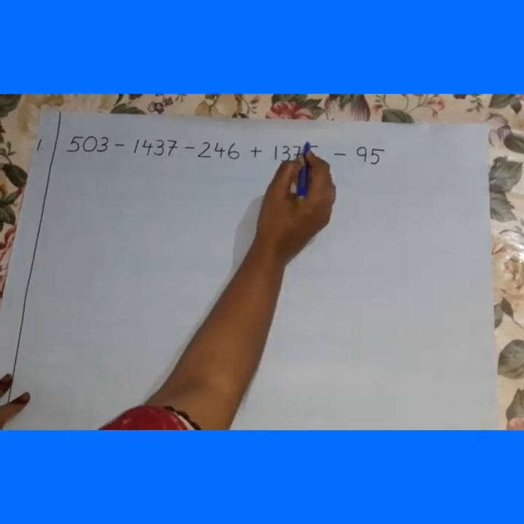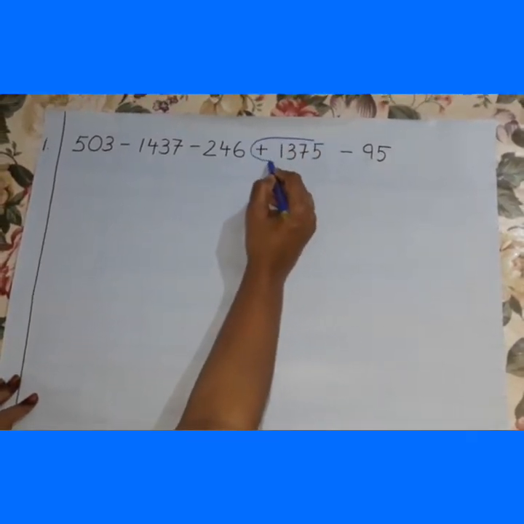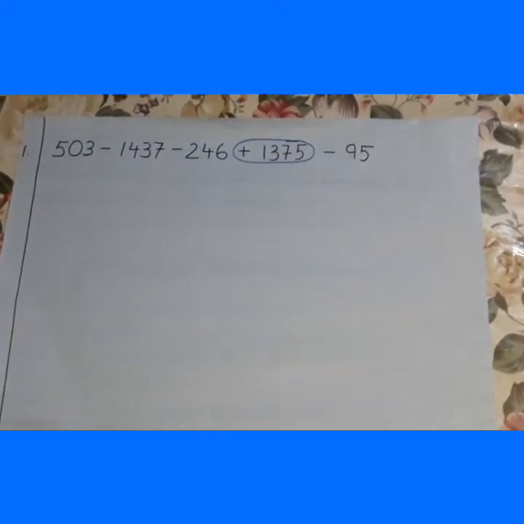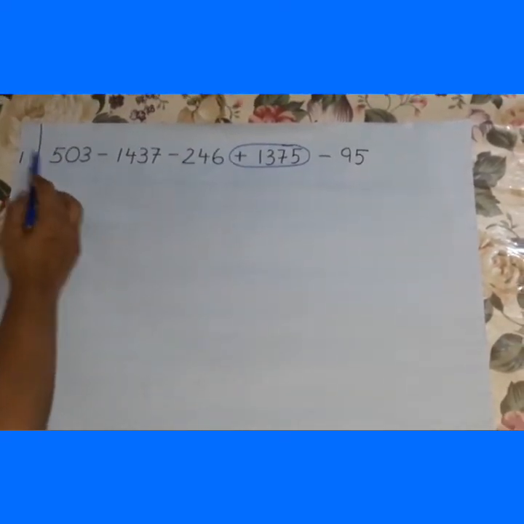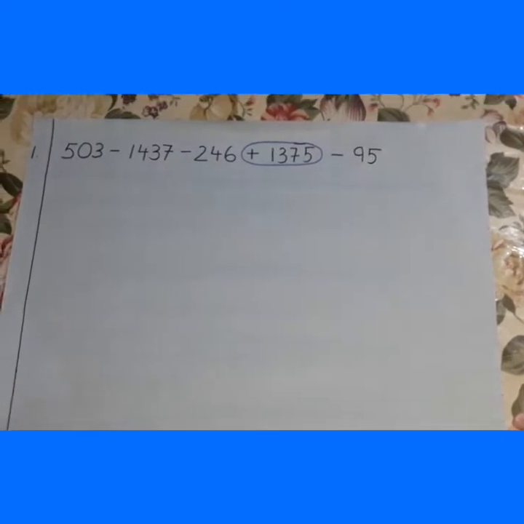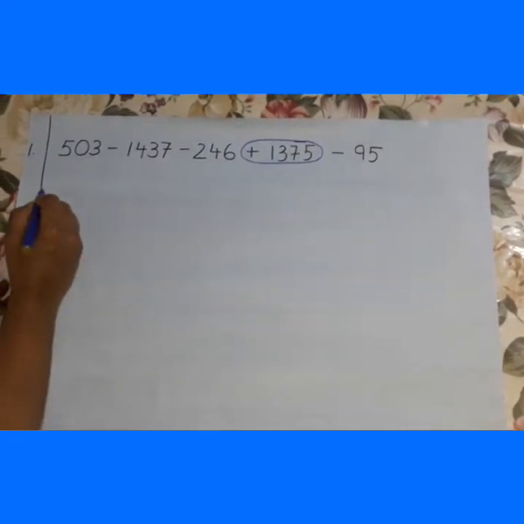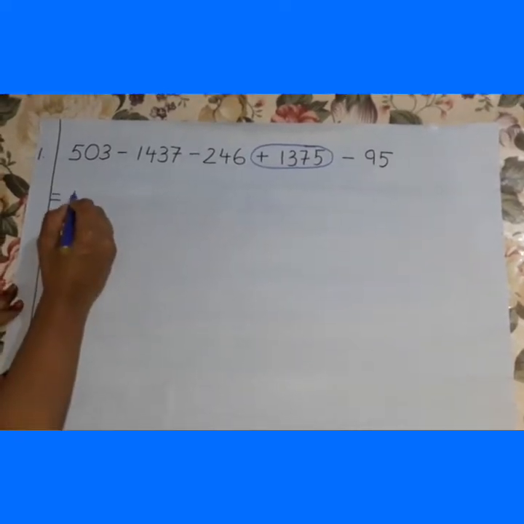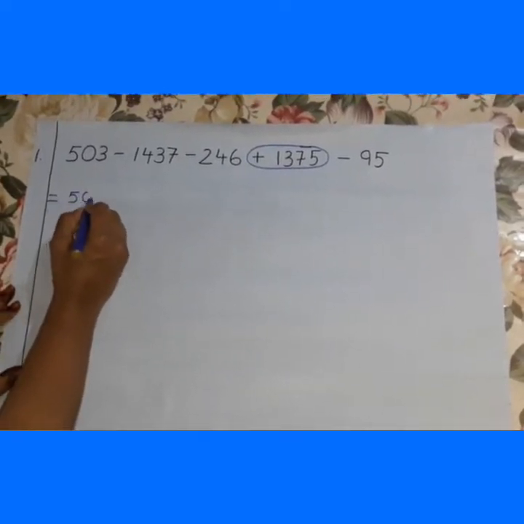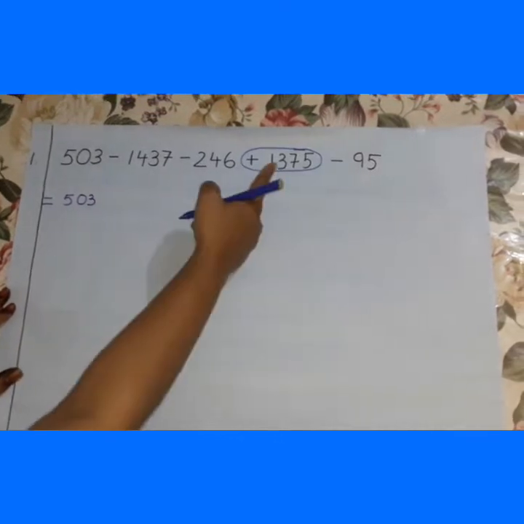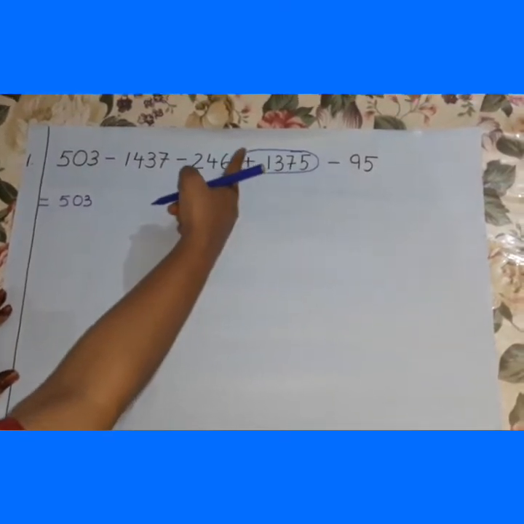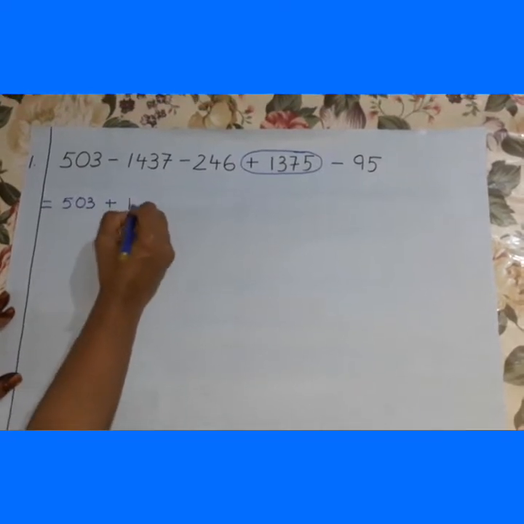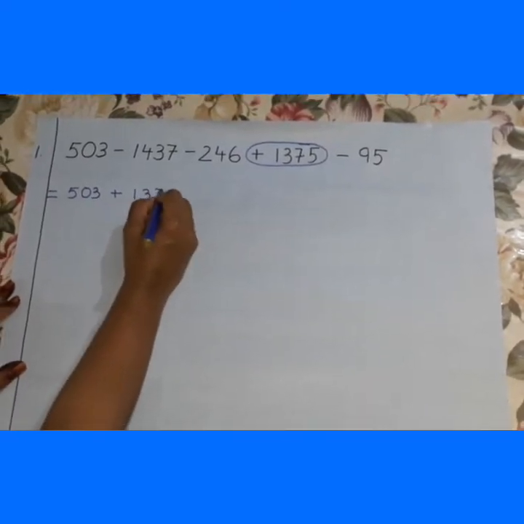So, circle that number with the sign because we want to separate first the plus sign. The first number has no sign before it, it means it is plus. So first we will put an equal to sign, write that number as it is, and then copy down this number with the plus sign here. I hope there is no confusion till here.